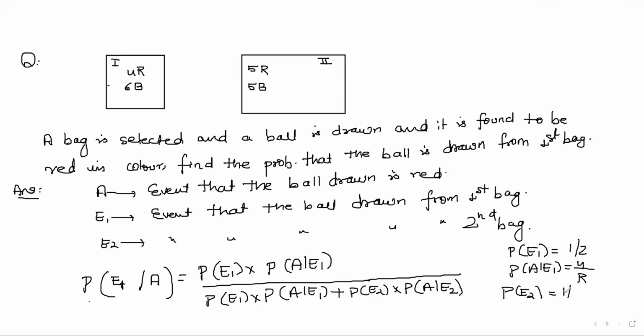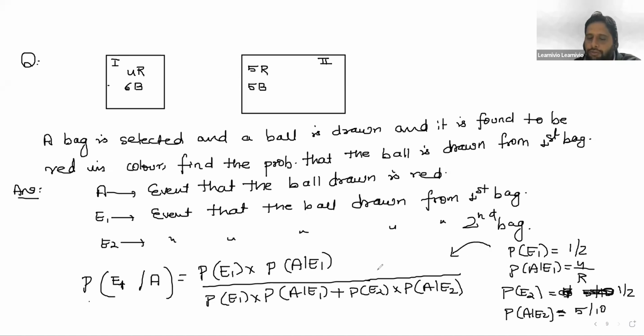Yes, it is 1 by 2. I will write 5 by 10 here, that is 1 by 2. What is P(A by E2)? 5 by 10. Very good. Now you need to put all the values in the formula here.